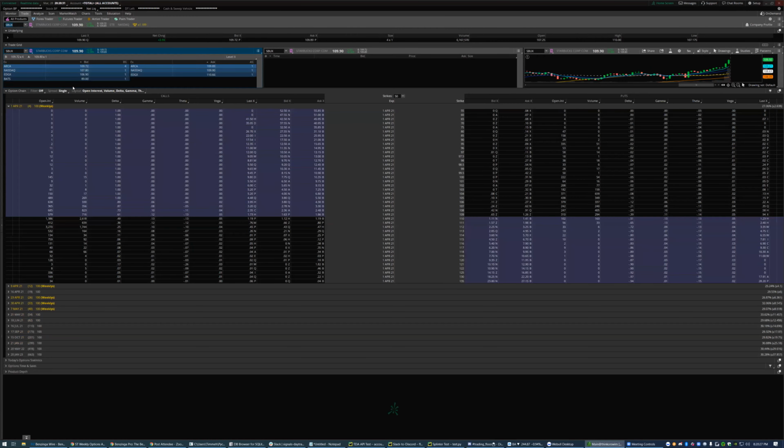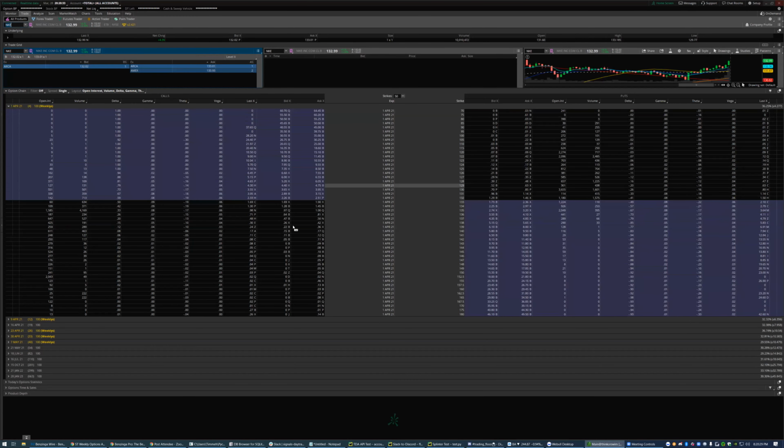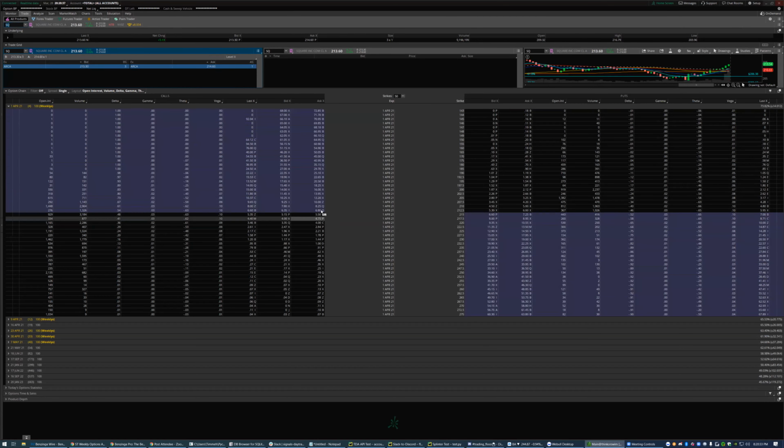Nike's a good one too. Square used to be amazing, but now it's expensive. Thankfully, the account has scaled enough that we can trade it. Square is the reason the account scaled. It's actually my number one stock for profits this year, followed by Boeing, but Square by far.